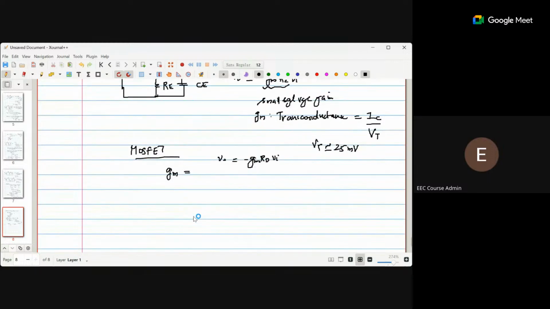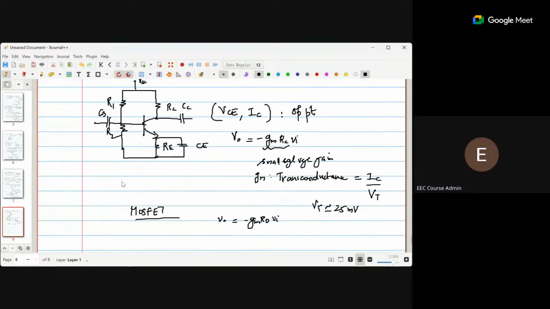So for the MOSFET, before coming into this expression for the transconductance, what are the regions of operation here? In the BJT, you know that for the bipolar junction transistor to function as an amplifier, it should be biased in the forward active region. What is the forward active region? Base emitter junction is forward biased and collector base junction is reverse biased.